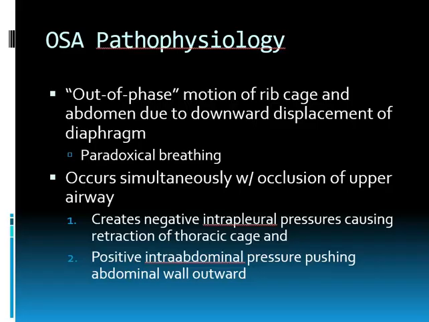And so when that happens simultaneously with the upper airway also being occluded, you have further changes in the intrapleural pressures in your rib cage. And then you have these positive pressures pushing against the abdominal wall. So you have all these pressure changes happening internally as well to further exacerbate the detrimental consequences and put stress and strain on the heart and all these other bodily parameters.